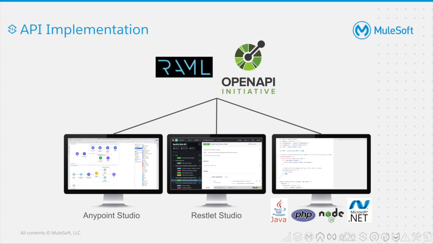And if we focus on APIs and how we implement an API, then I can build that in Anypoint Studio, or I could build something in Rustlet Studio or any number of other technologies that are out there. But if you're looking to do it the fastest way, with the least amount of effort, the least amount of code, then you're going to want to do that in Anypoint Studio.